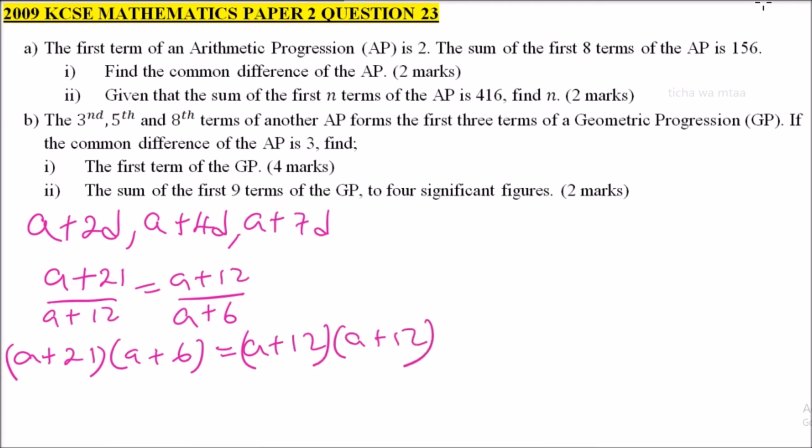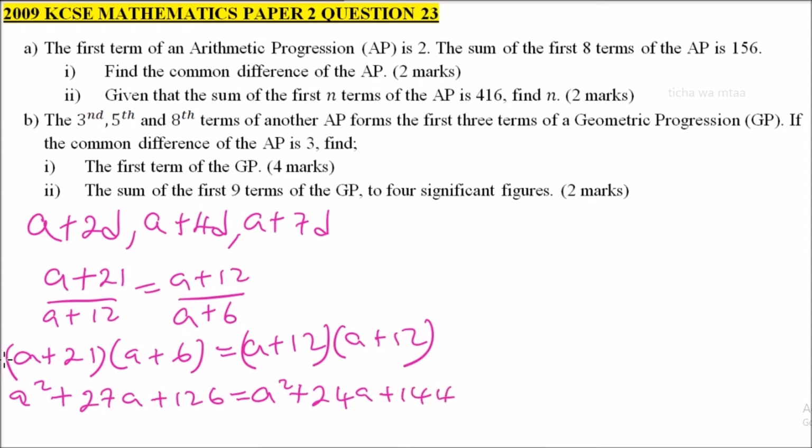When you open the bracket, it will give you a squared plus 27a plus 126 is equal to a squared plus 24a plus 144.